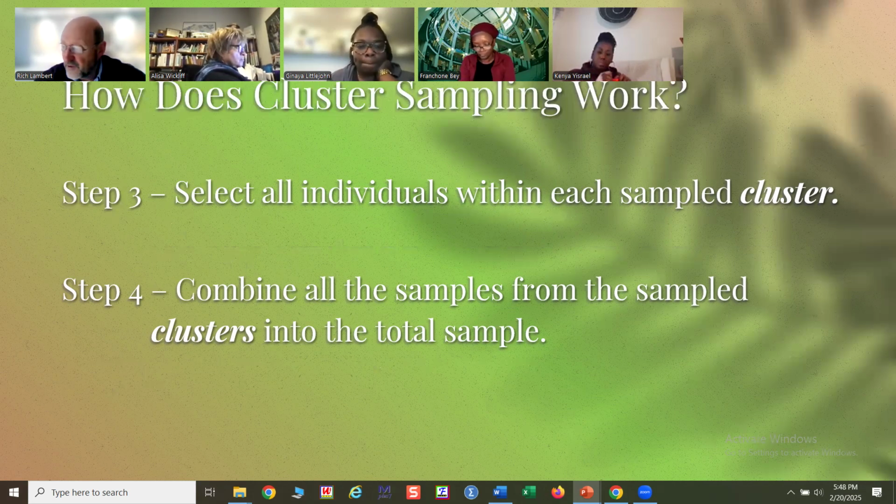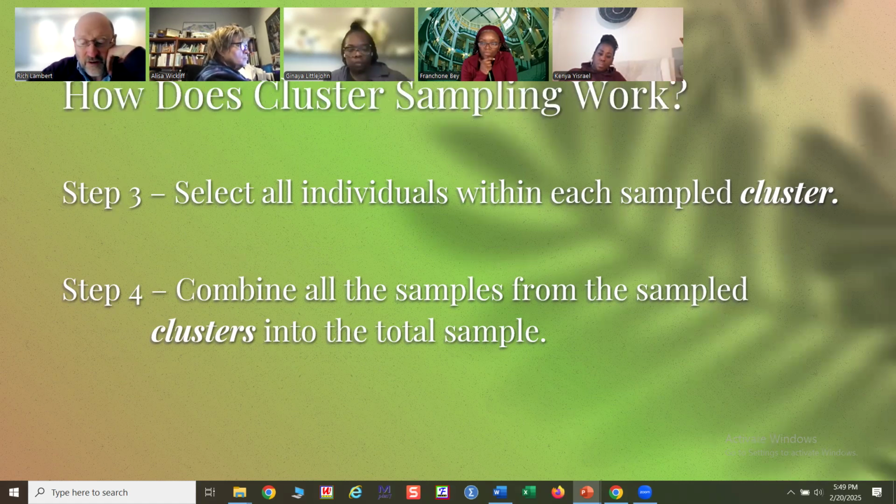So if you got a sample of 15 elementary schools from Charlotte-Mecklenburg, then you would go and assess every kid in each one of those 15 schools, combine all those samples together, and that's your total sample. So that is step 4 then, is combine all the samples from the sample clusters into the total sample. The key thing here to remember is you take everyone, you don't do another random sample with cluster sample.